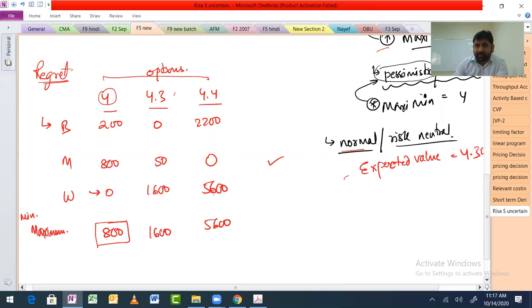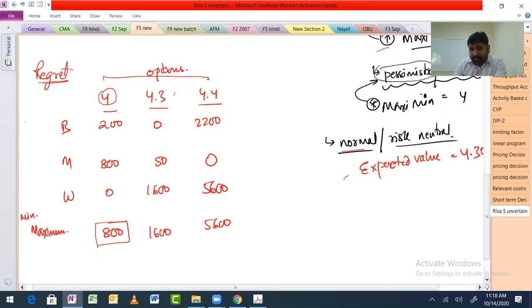See, if I select 4.4 and the market turns out to be the worst market, then I'll not like it. Correct? Because then I will think that if I would have selected this one, I would have got $5,600 more. I'm losing 5,600 because of my decision. I selected the wrong thing. Do you understand? Regret.